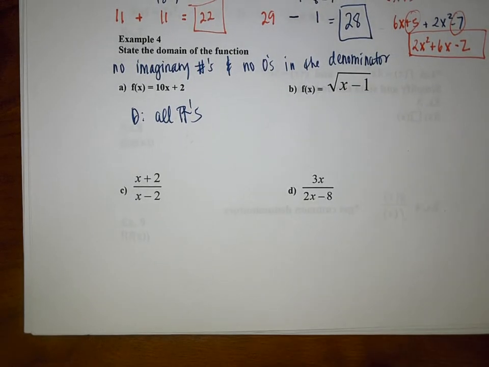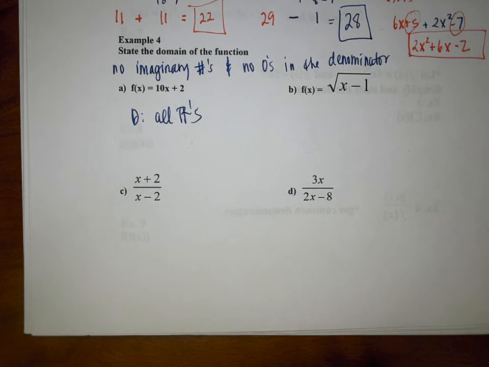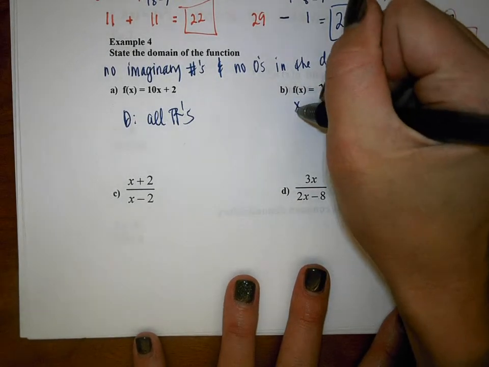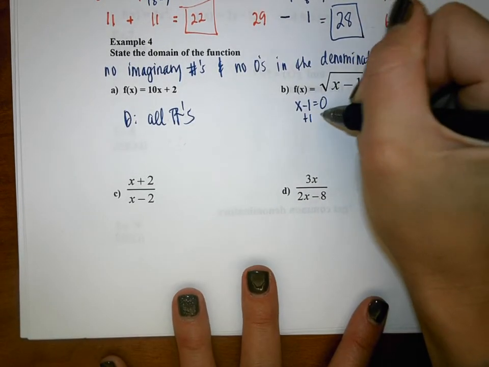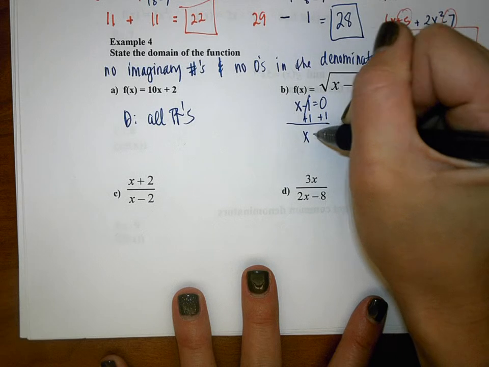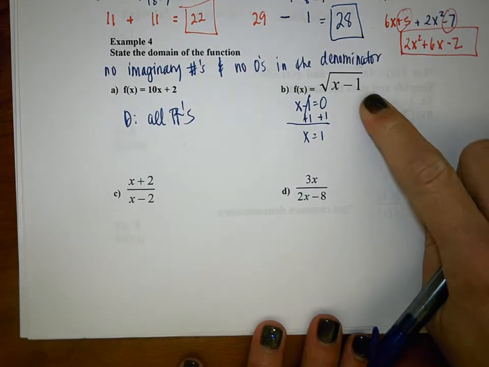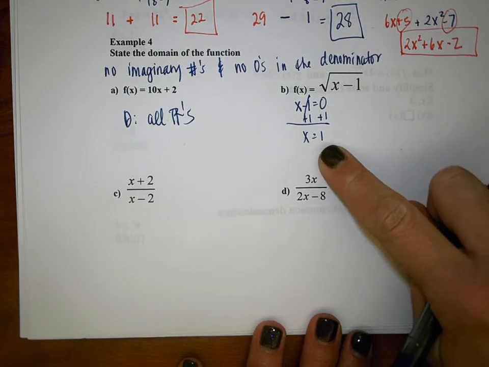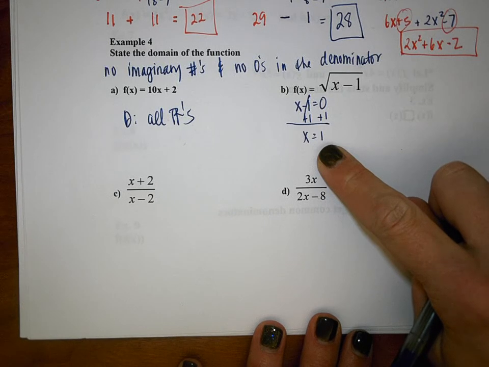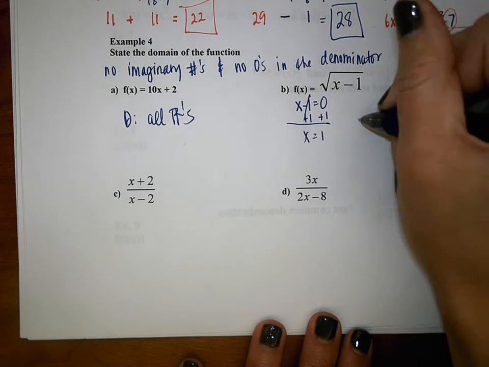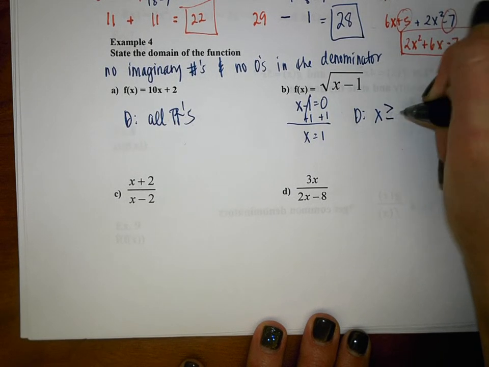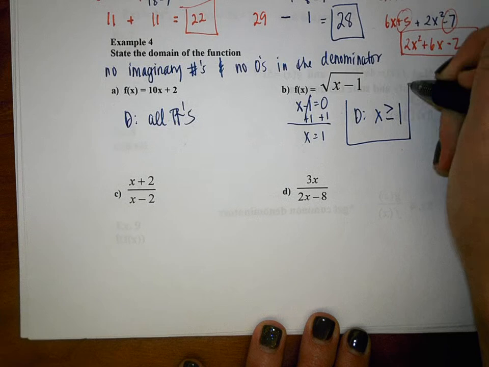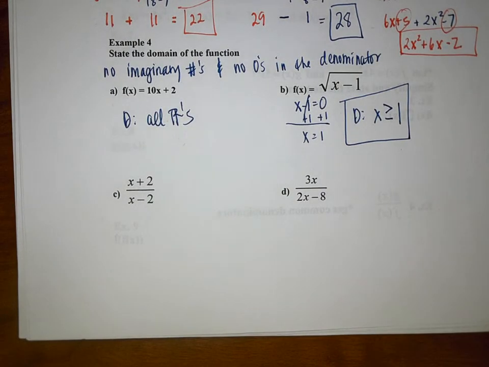If you just take what's under the root and set it equal to 0, so x minus 1 equals 0, because it can equal that, and we add 1 to both sides, we get x equals 1. So at 1, it gives a 0, which is fine, and anything that's smaller than 1 will end up giving it a negative number. So your domain here means that your x has to be greater than or equal to 1, because anything that is smaller than 1 will give you a negative number under your root.